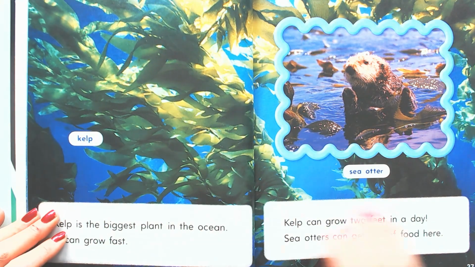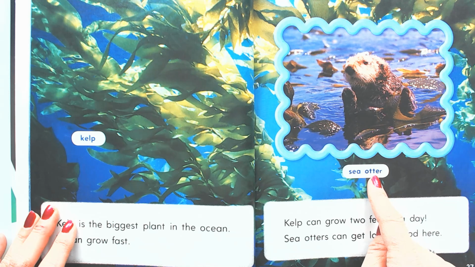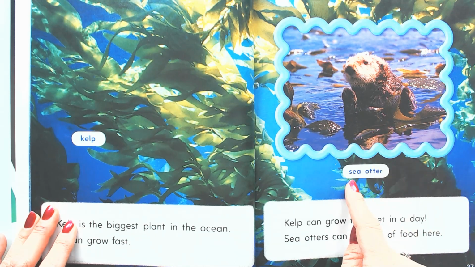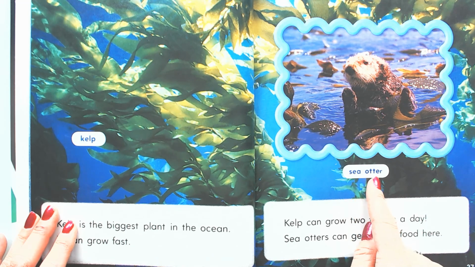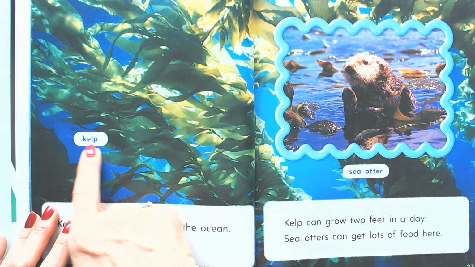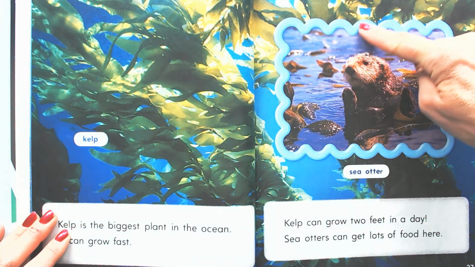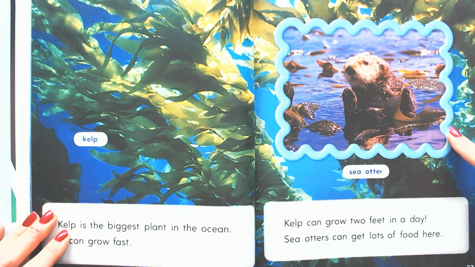What are we looking at here? Sea otter. Okay, there's different kinds of otters. There's river otters, but this is a sea otter. And this kind of plant that grows in the ocean is called kelp. I like this graphic feature right here. That's cool.